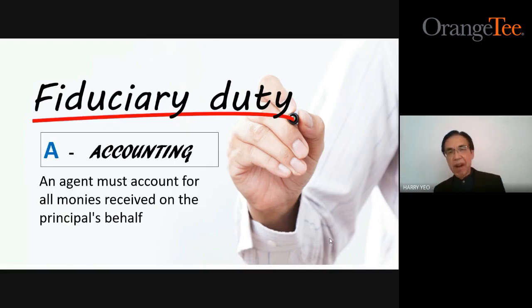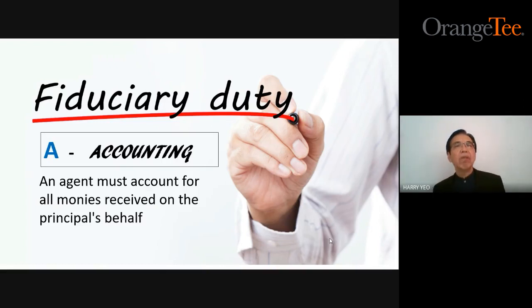But for rental of private property, we can receive the security deposit as well as the monthly rent, collected on behalf of the client. It is permissible, but we do not do it. Anyway, it is permissible. In the event that the agent should receive money on behalf of the client, then we should account for it. We cannot mix the money with our own money.